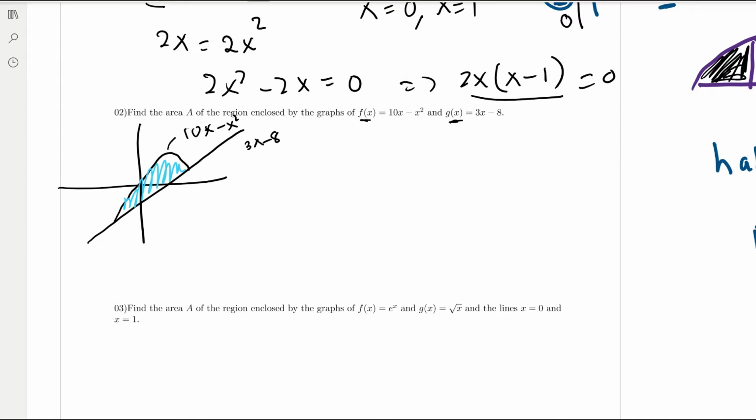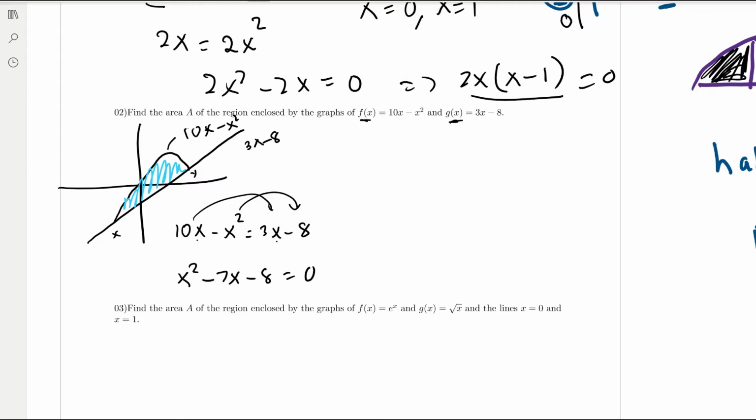Now the next thing you want to do is find the intersection points. That's the next step as I taught you in the last video. Intersection points means the points where these two functions meet, right? So you set them equal to each other and solve for x. Let's see, I can move these terms to the right. So it's going to be x squared plus 3x minus 10x minus 8 equal to 0, which is x squared minus 7x minus 8 equal to 0.